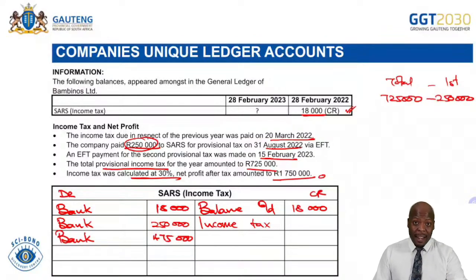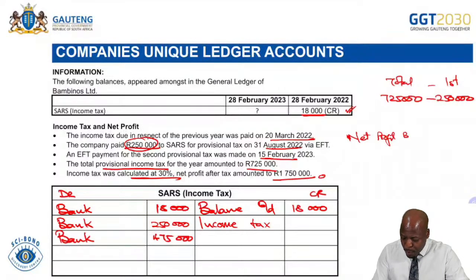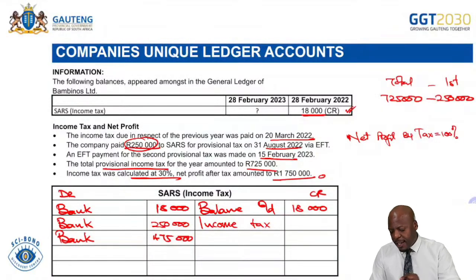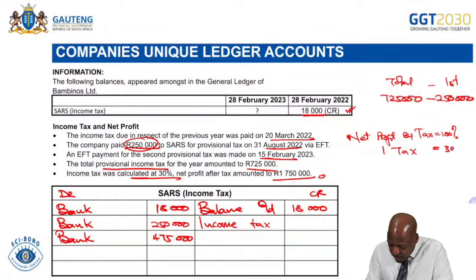You have to understand that you have net profit before tax first. So you have your net profit, that is before tax. And that is always going to be 100%. A net profit before tax is 100%. Then you have your income tax, which we have been told here is 30%.